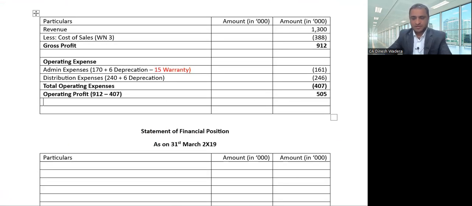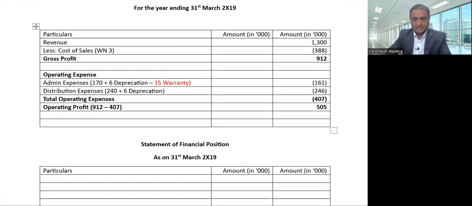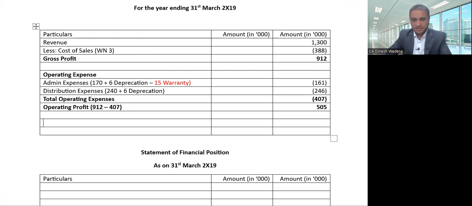So I will mention here interest cost. So you can say in bracket paid 5 plus payable 3, which comes to 8.